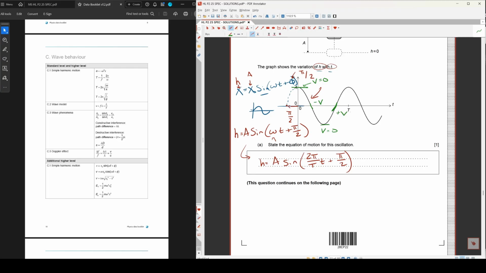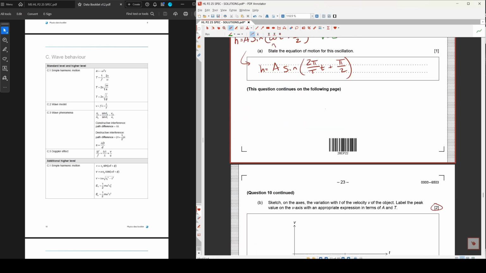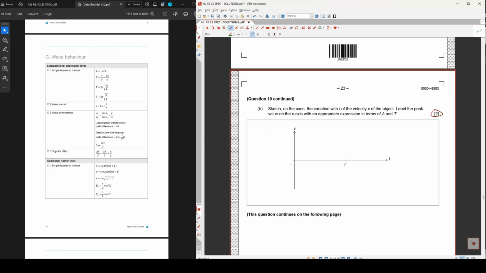And it should be no surprise to anybody at this point that if you take the gradient, aka derivative, of a cosine graph, you get yourself a negative sine graph. It starts at 0, then it goes negative, then it's 0 again, then it goes positive. So the velocity starts at 0, and then goes down to some negative value, and then back to 0, and then a positive value, and then back to 0.